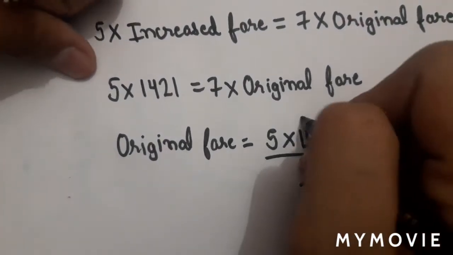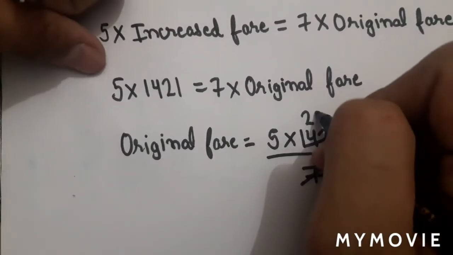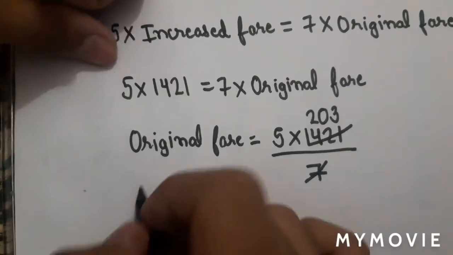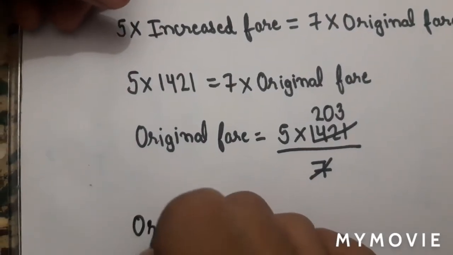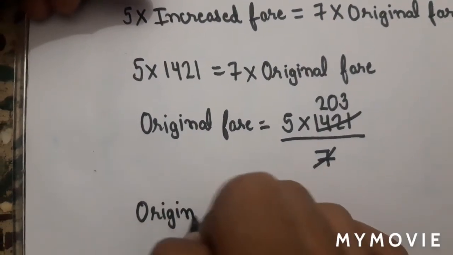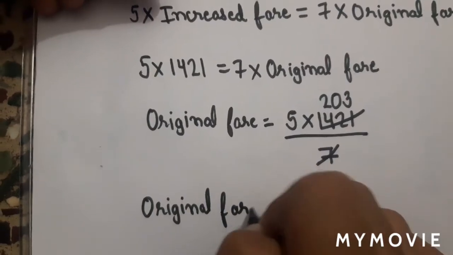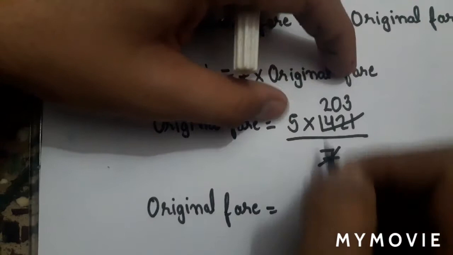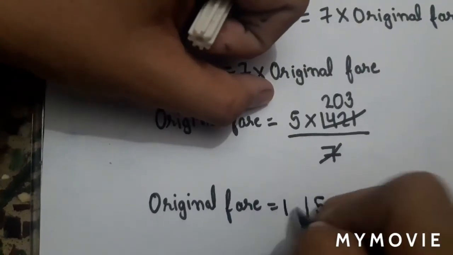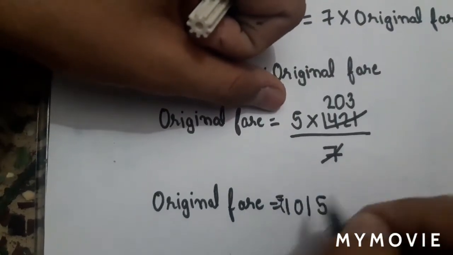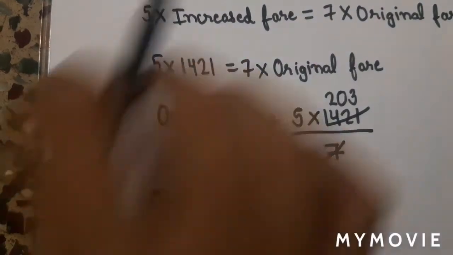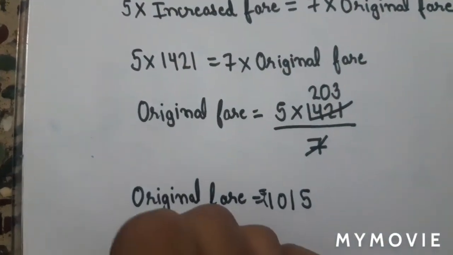So 7 1s are 7, 7 2s are 14, then 0, 7 3s are 21. Original fare is equals to 5 3s are 15, carry 1, 5 2s are 10. So our original fare is 1015. So we should find the increase in the fare.